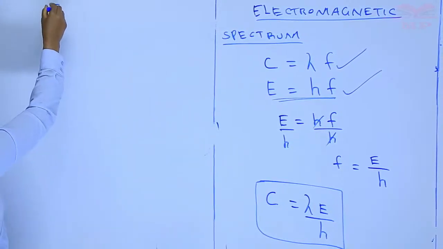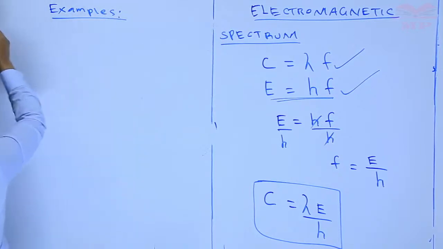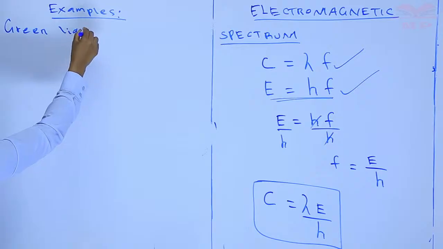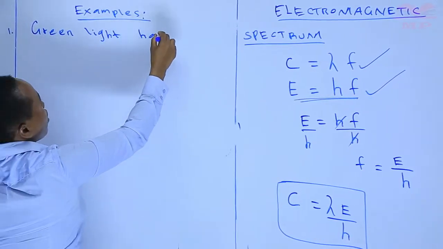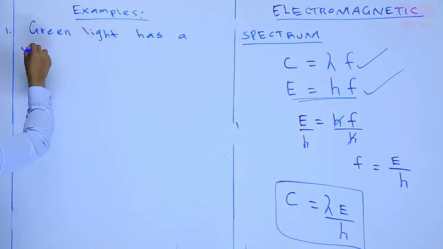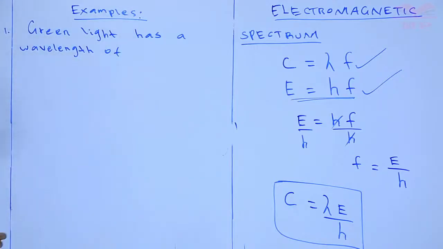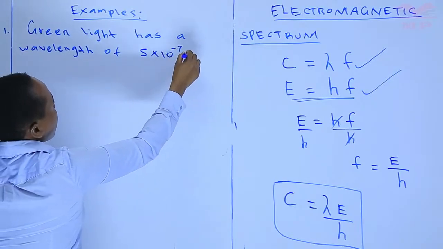So some examples. Example number 1, we have the following question. Green light has a wavelength of 5 multiplied by 10 power -7 meters.